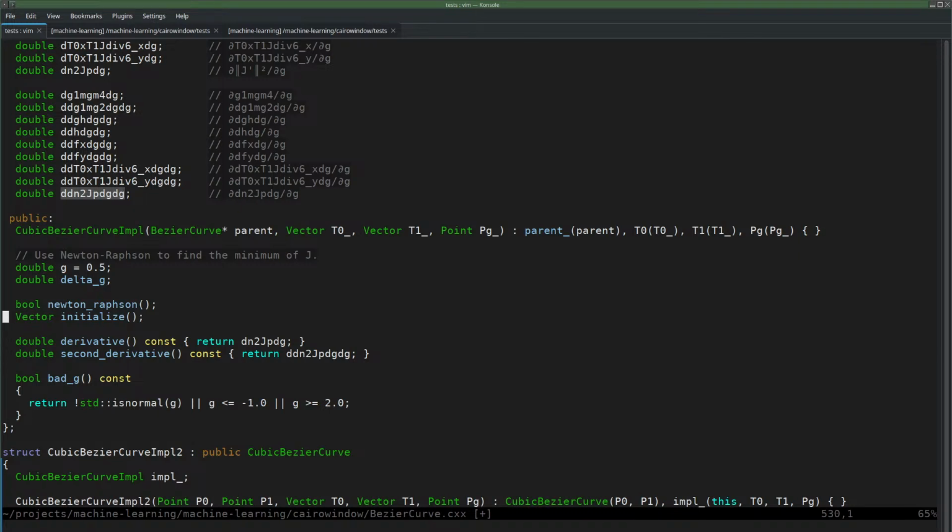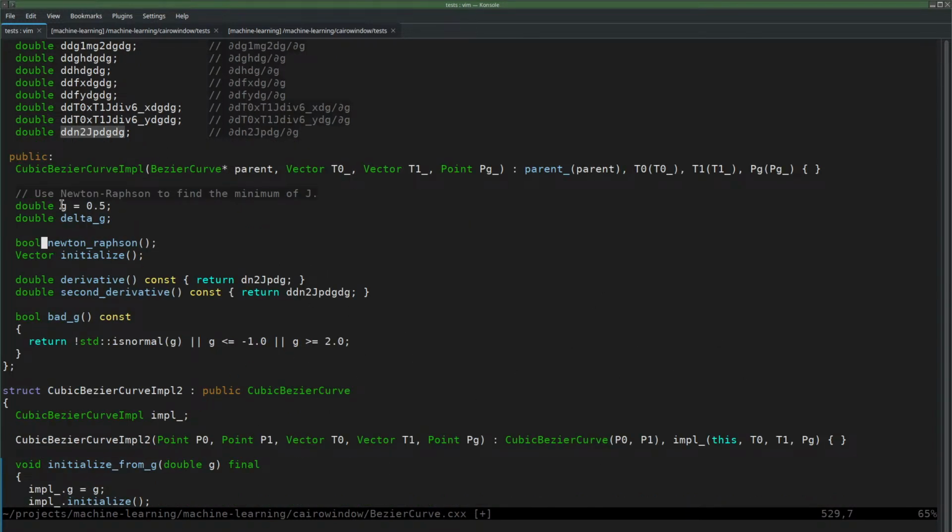Means I need to change g and then call initialize. Which is not true. I need to do one loop of the Newton-Raphson now to get these things initialized.